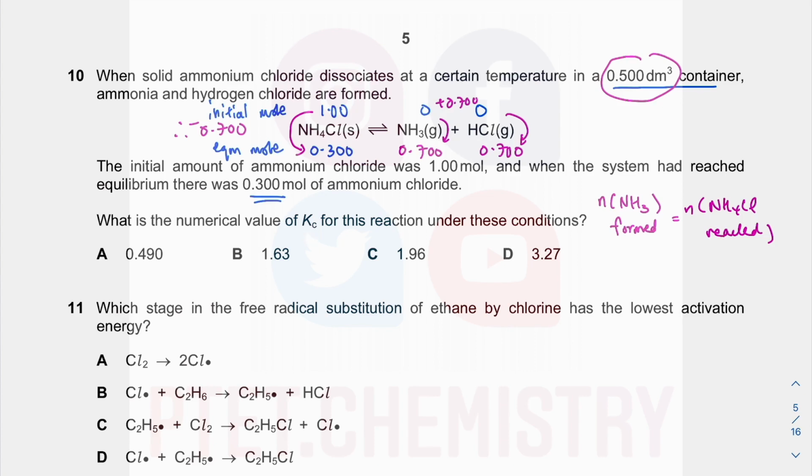In this case, because the volume is not 1, something divided by not 1 does not equal itself. Only when it's divided by 1, then the concentration is the same as the equilibrium mole. So you got 0.300 over 0.500: mole on top, dm cube at the bottom. That will give you mole per dm cube. Same thing on the right hand side, mole per dm cube.